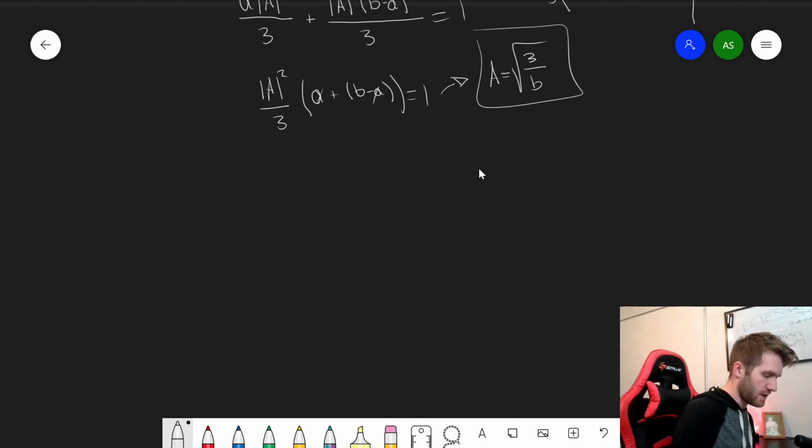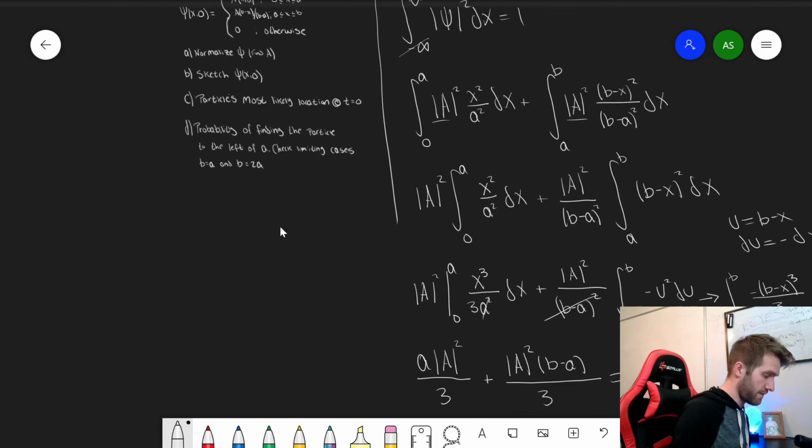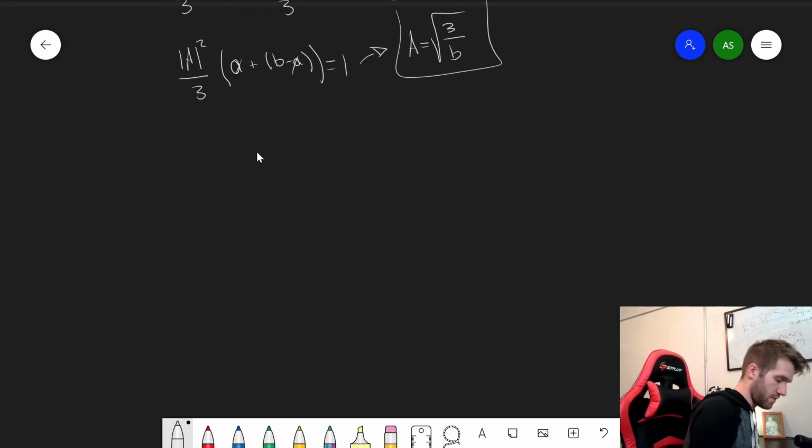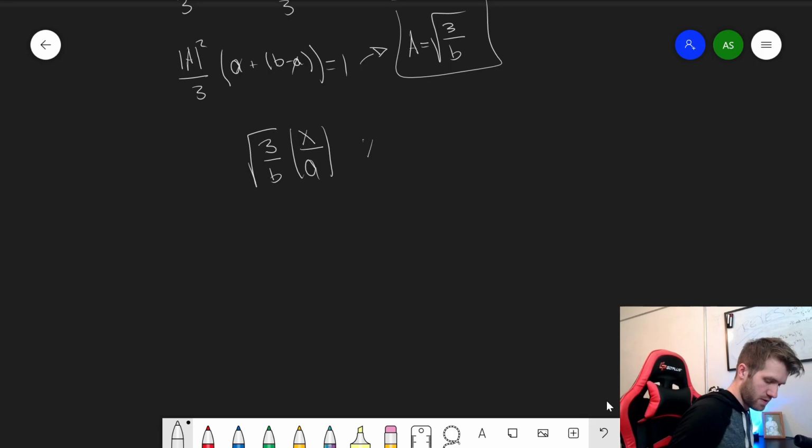Now, let's substitute this into our conditions for the wave function here, right? Because now what we want to do basically is sketch the wave function at t equals 0. So what we're going to have here for our first term from 0 to a is going to be 3 over b, and we're going to have just x over a.